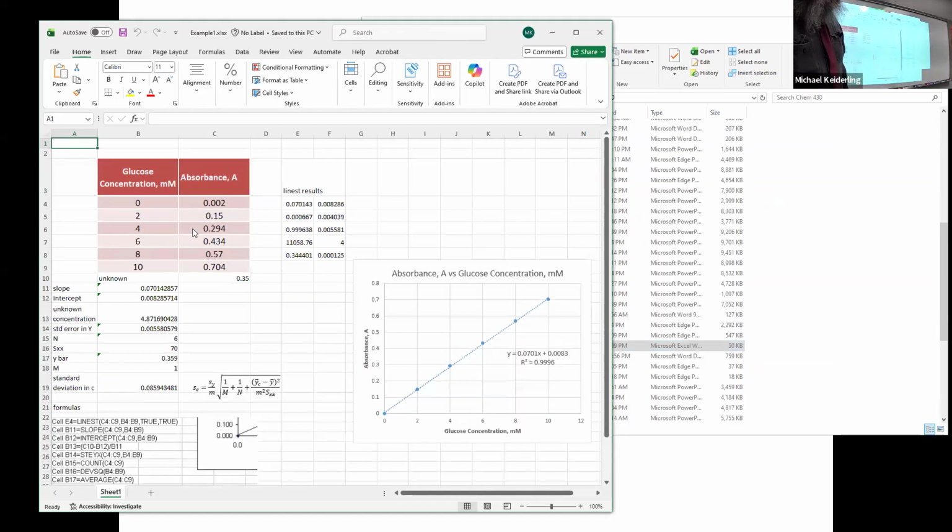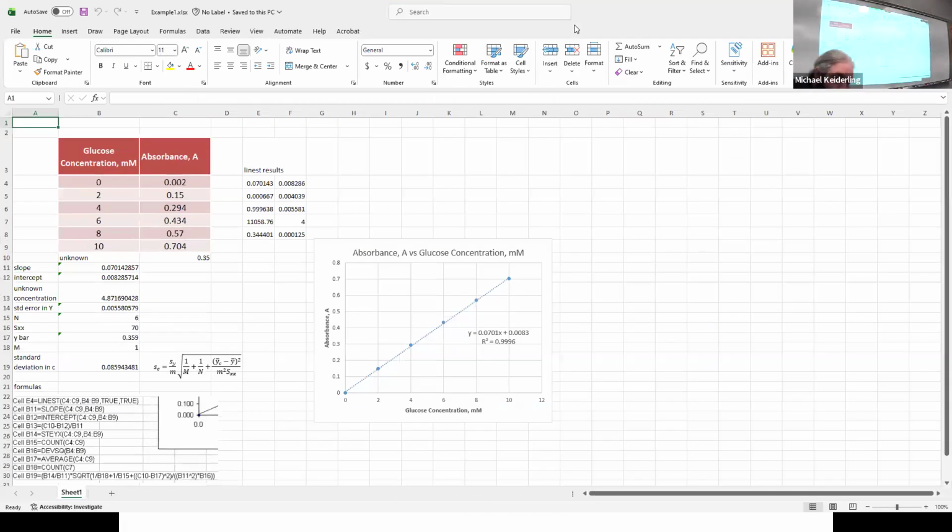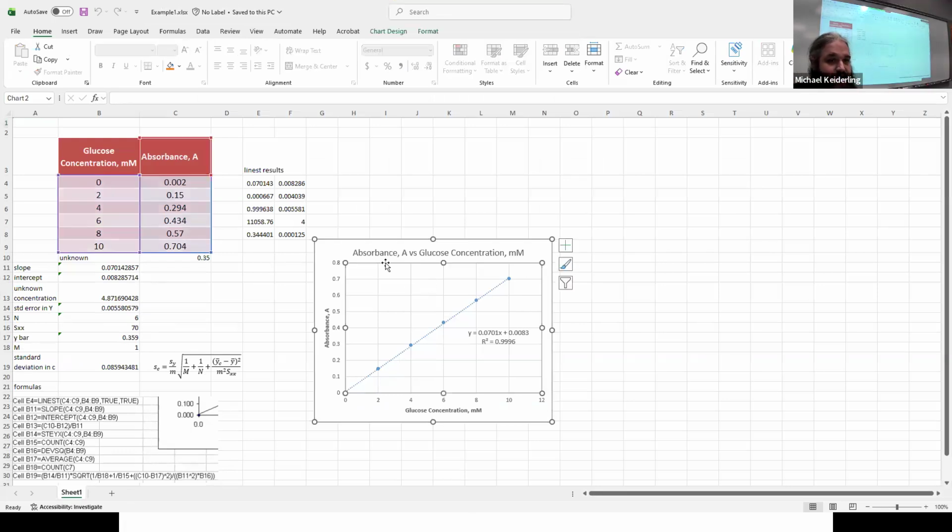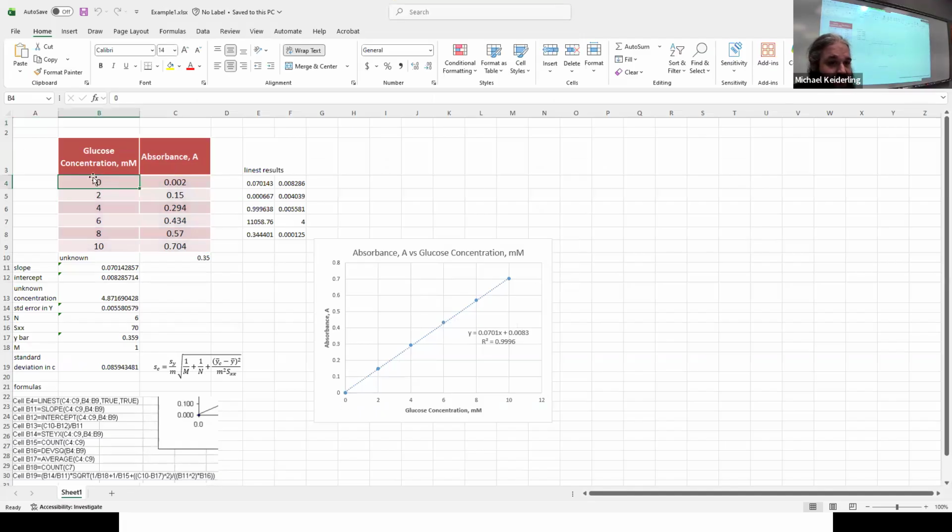So this is our data. You can use a graphing program like Excel. Let me just make this full screen. To plot it. So I've made a graph here, and I can fit that graph.